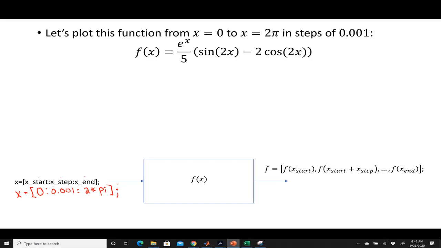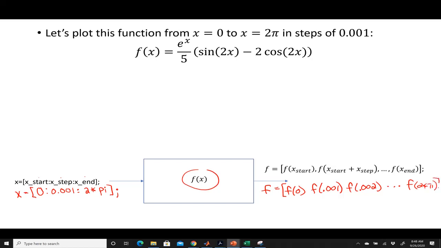And then at the output, I view this as a block diagram where I put this input x in and I evaluate f of x at those points. So if I created a vector f, that vector would have f of 0, f of 0.001, f of 0.002, all the way up to f of 2 times pi.